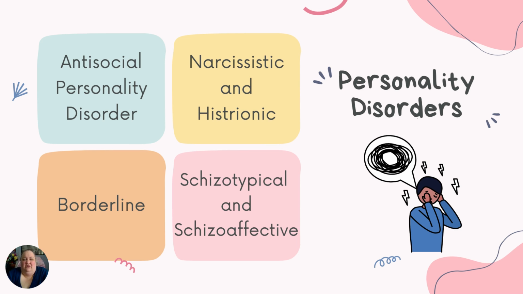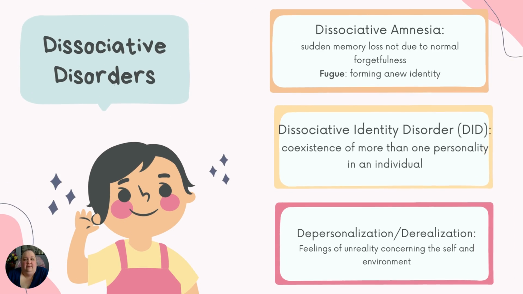Most people don't call it that anymore. We have borderline personality disorders, which are kind of irrational fears of abandonment or self-injury. Then we have the schizotypical and schizoaffective types. Again, we're going to go into some of these more deeply and look at the specifics for them.